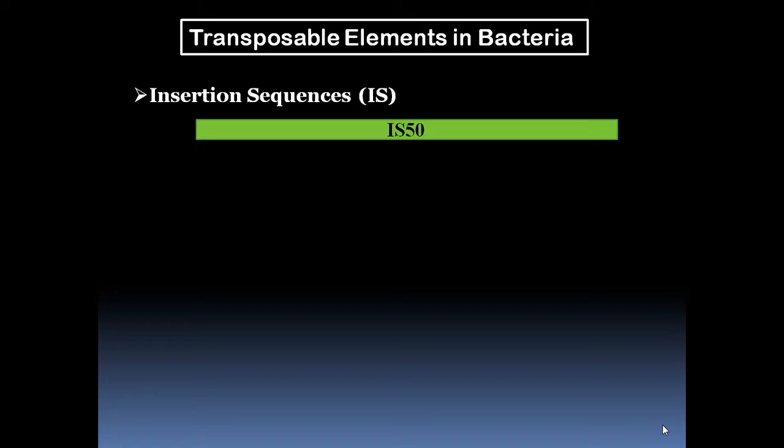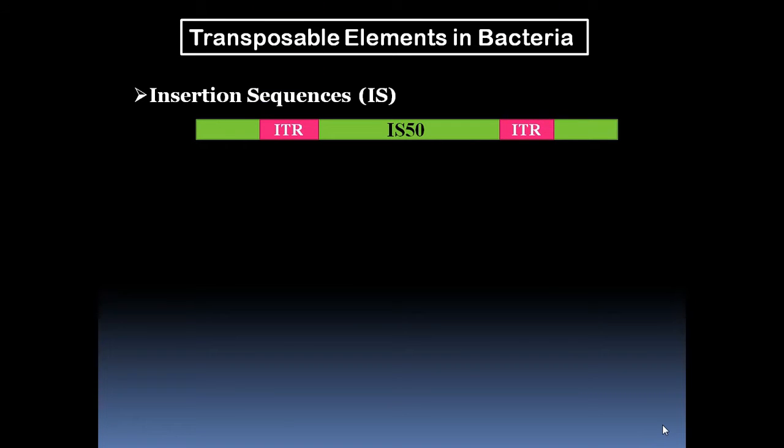They are generally 768 to 2500 nucleotide pairs long and involve the transposase enzyme only.